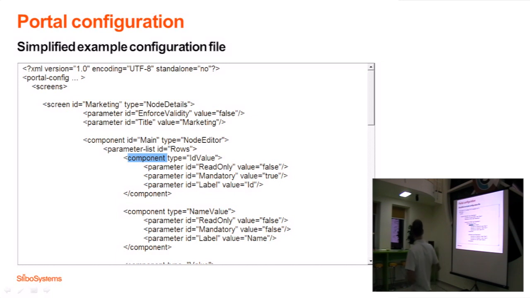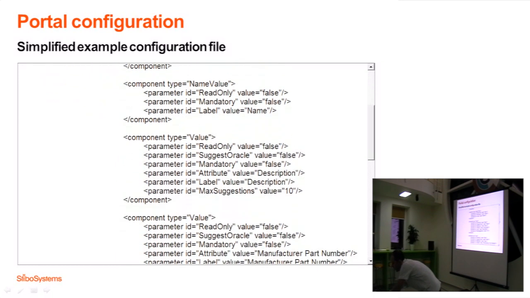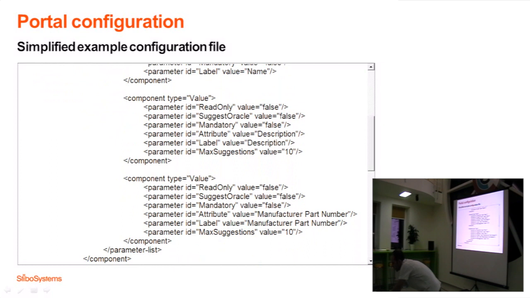The first component is called the ID value, which means that here you can see the ID of the selection you have. If you're just creating a selection, you can of course edit this value, but as soon as it's been created, the ID is unique and you cannot edit it. The name value below is for editing the name, and then the one we have here is just called value, because here we don't know what value we actually want to edit before we find the attribute down here.